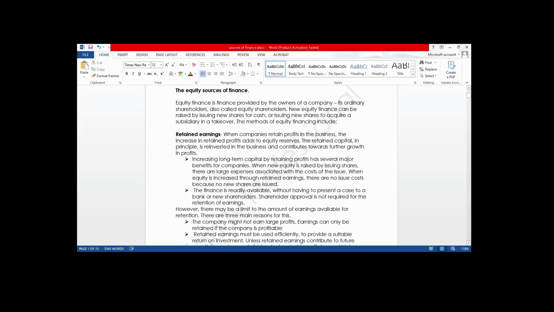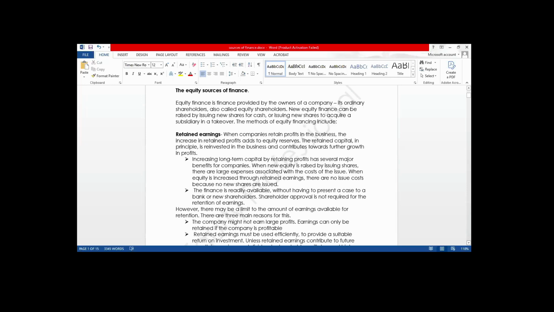That means the company has retained 50 million. That retained earnings can be used as a source of finance. The money is readily available.